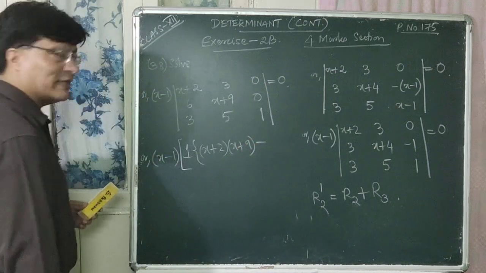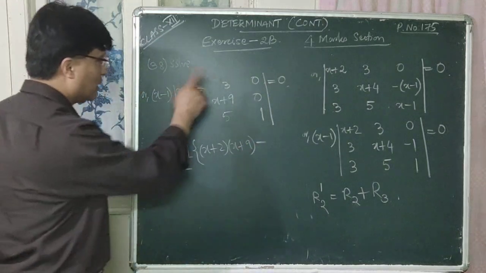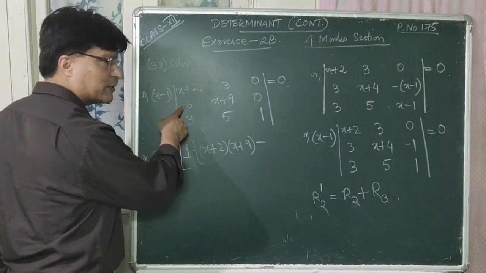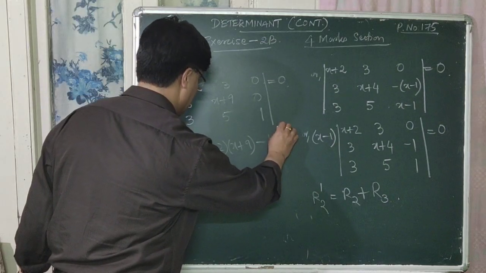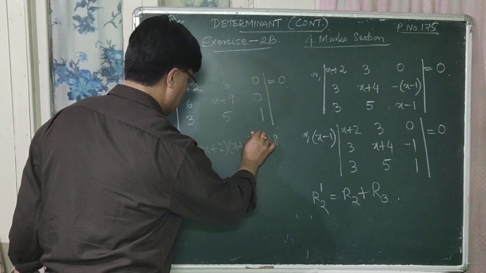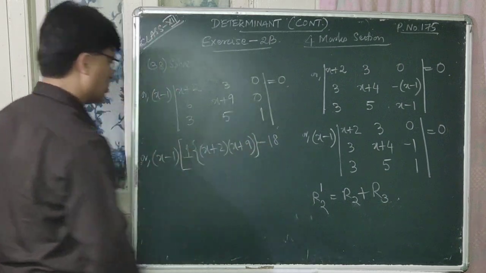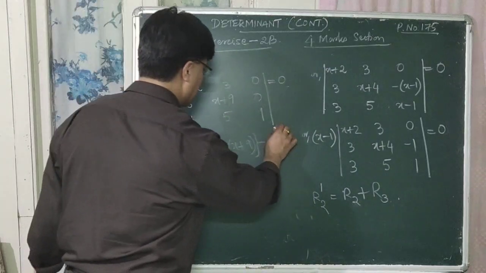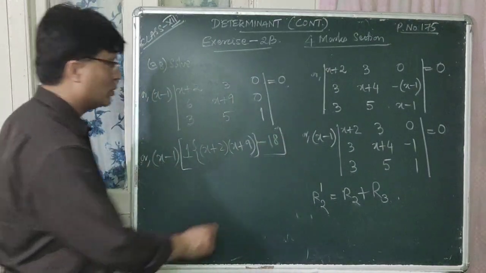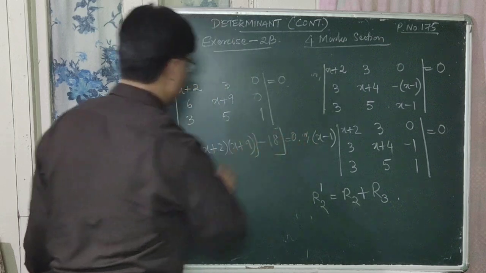Then you have to write down minus sign. Then you have to cross multiply 3 by 6. What is 3 into 6? 18. Right? This second bracket is closed. Then it is minus 18, then third bracket is closed, which is equal to 0.